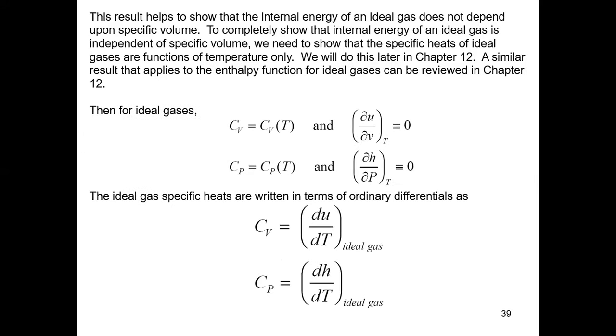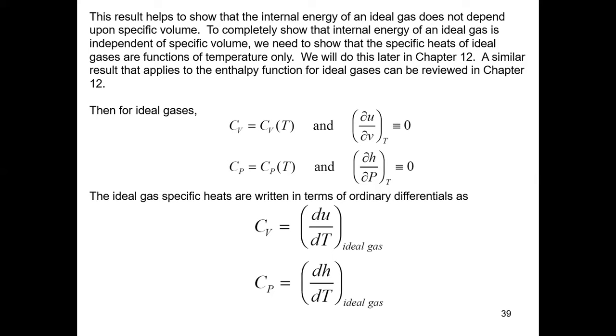So for ideal gases, Cv, the specific heat at constant volume, is a function of temperature, and the change in internal energy with respect to specific volume at constant temperature is 0. And Cp, the specific heat at constant pressure, is only a function of temperature, and the change in enthalpy with respect to pressure at constant temperature is equal to 0.